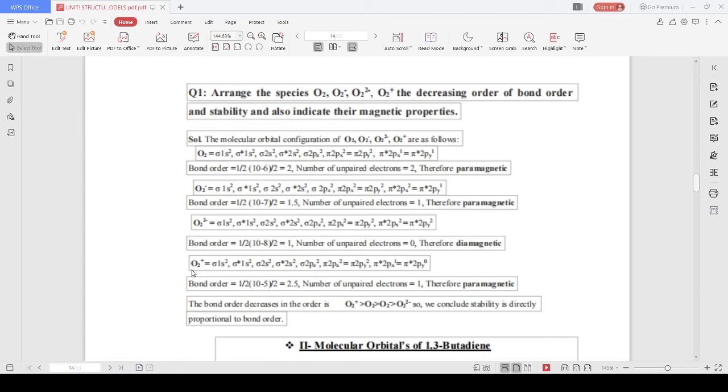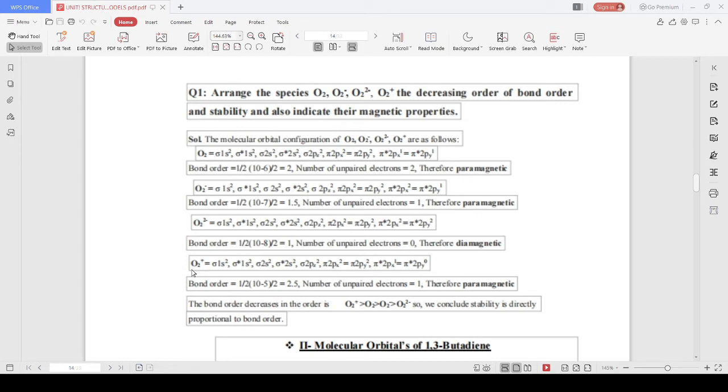So O2 plus: sigma 1s2, sigma star 1s2, sigma 2s2, sigma star 2s2, sigma 2px2, pi 2py2 equal to pi 2pz2, pi star 2py1 equal to pi star 2pz0. Bonding electrons 10 and anti-bonding electrons 5, bond order is 2.5. Number of unpaired electrons is 1.